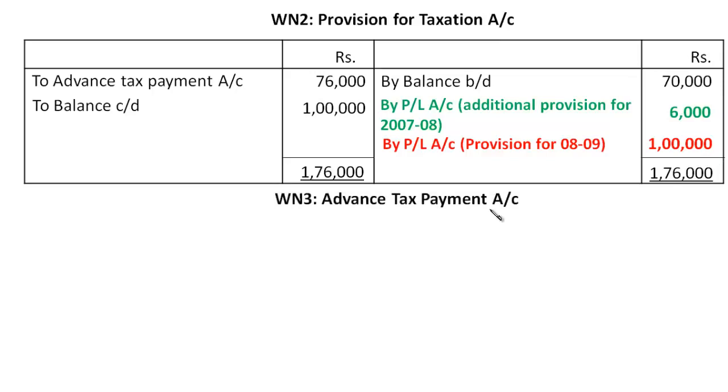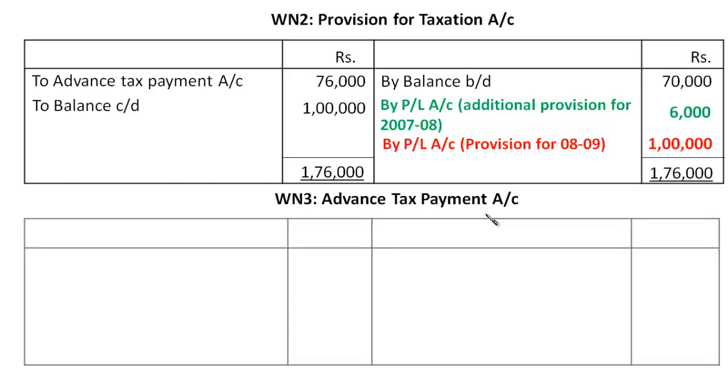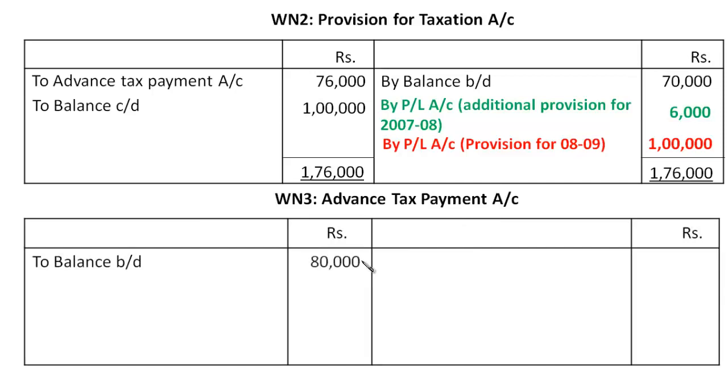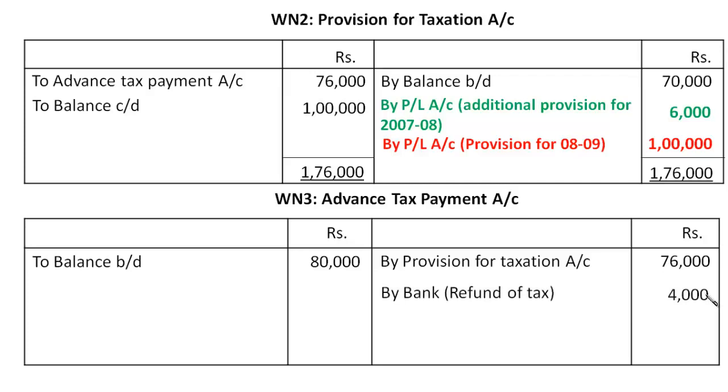Now we'll move on to working note 3, where we should consider advance tax payment. Look at here. The opening balance of advance tax payment was 80,000, and of this the actual tax obligation is only 76,000, so there was a refund of 4,000, so we will factor them now.